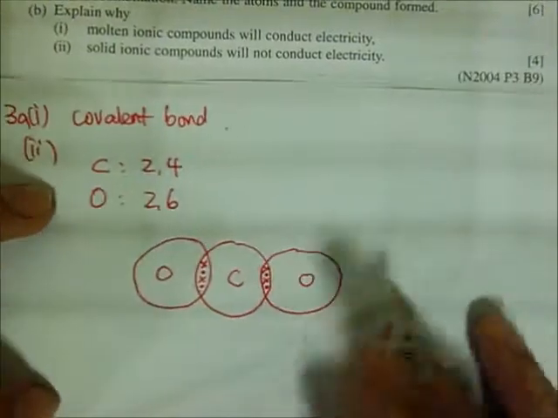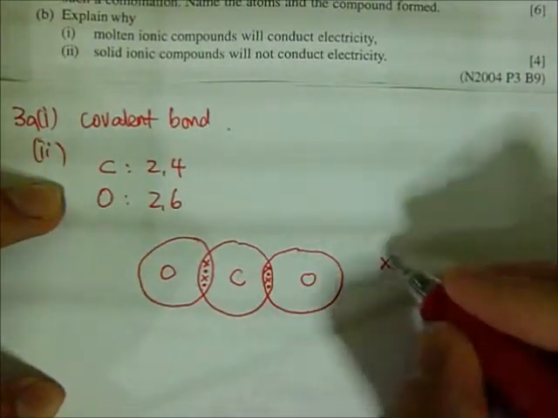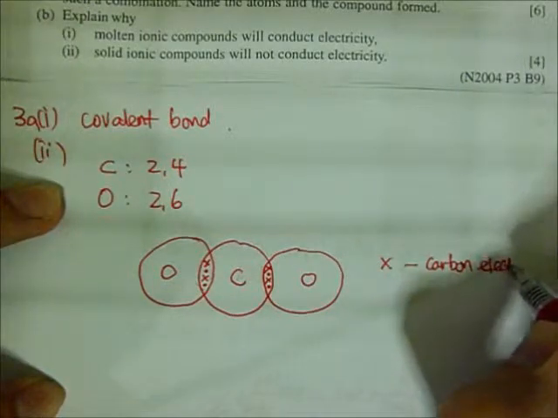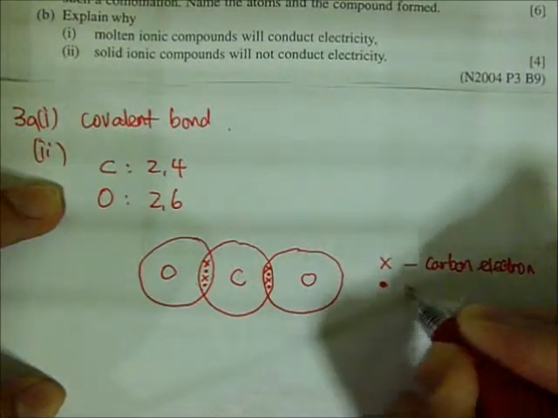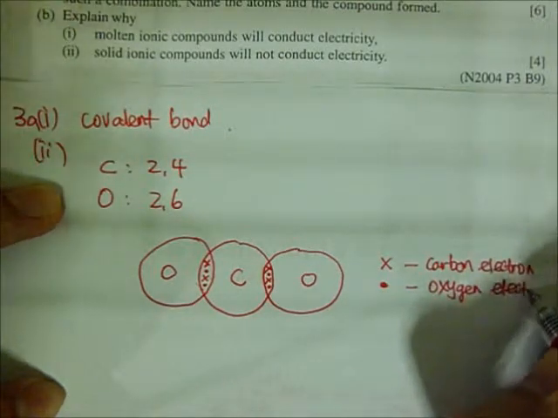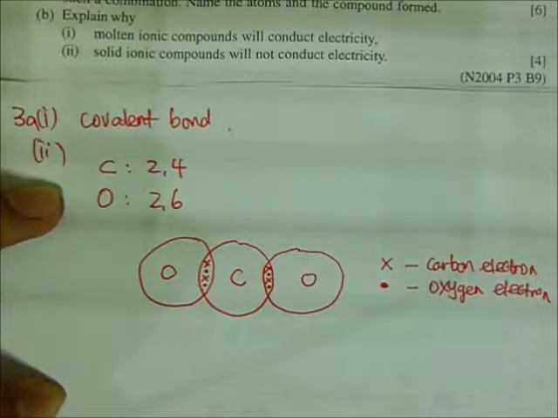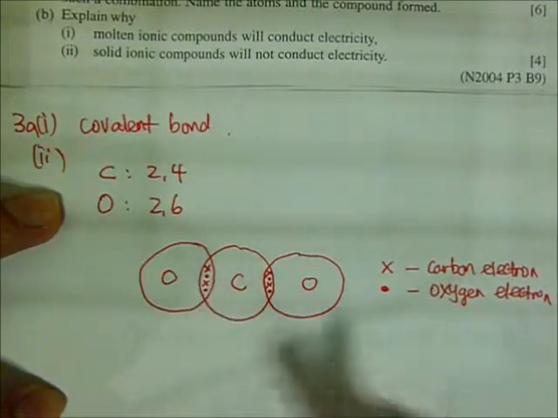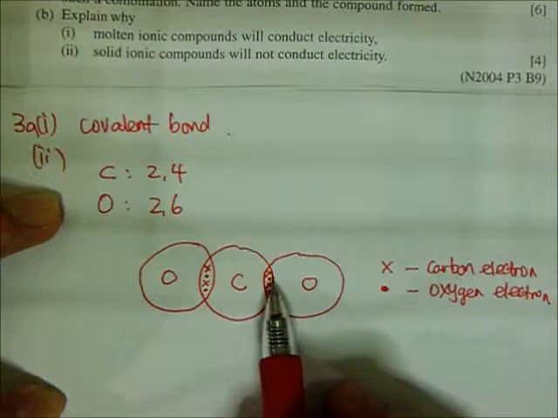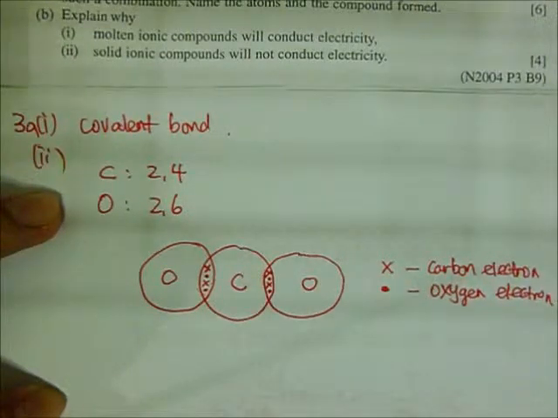So you can get the legend first: carbon electron, oxygen electron. Okay, so it needs to share 4 pairs of electrons. So carbon electrons, it has 1 2 3 4.